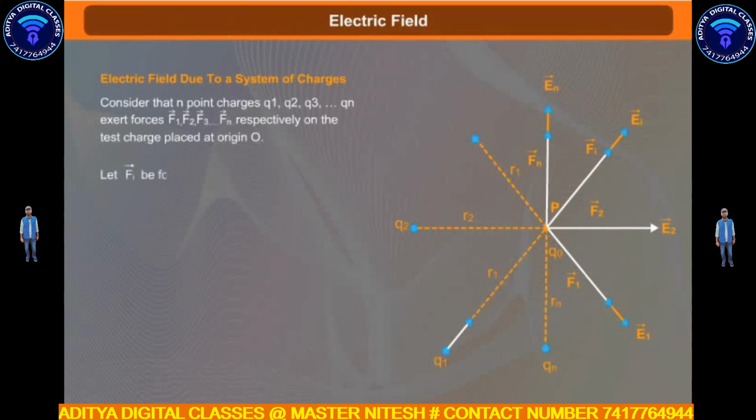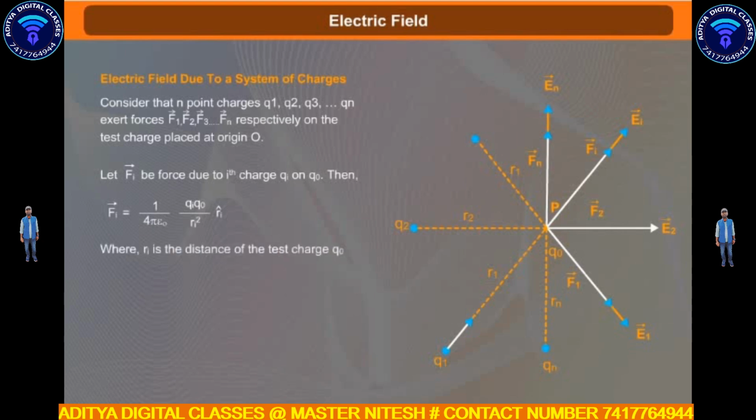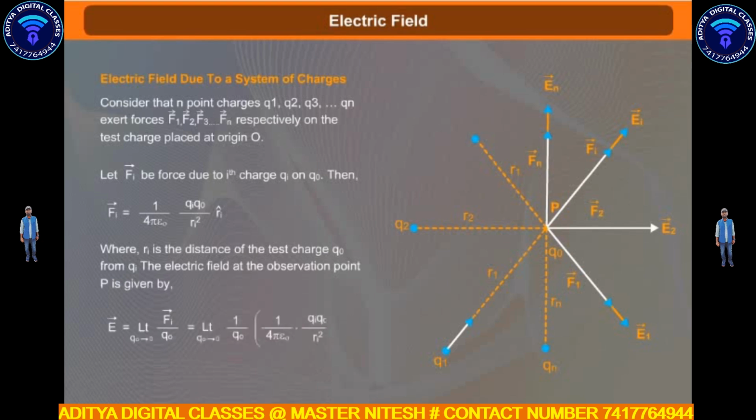Let Fi be the force due to the ith charge Qi on Q node. Then Fi equals 1 by 4 pi epsilon node Qi Q node Ri cap by Ri square, where Ri is the distance of the test charge Q node from Qi. The electric field at the observation point P is given as follows.